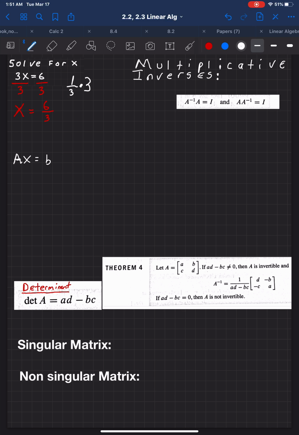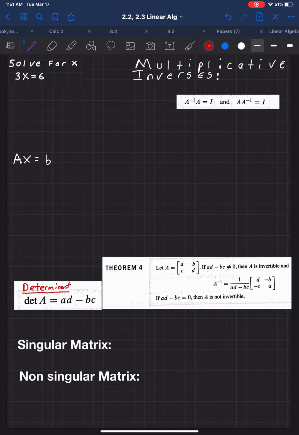In this case, if we were trying to solve, you could also think about taking the inverse of both sides of this equation. So back to the equation. You want to solve 3x equals 6. But we don't want to divide both sides by 3.